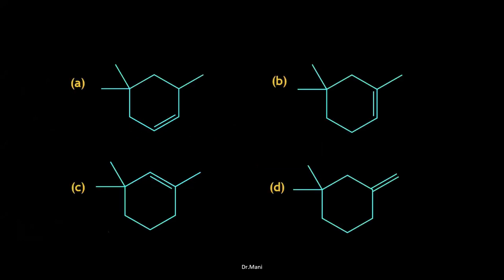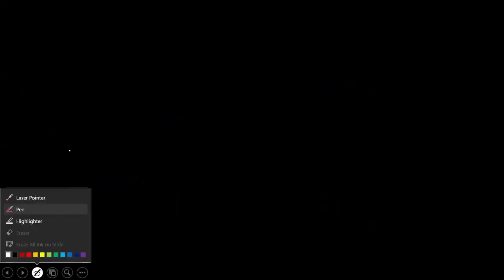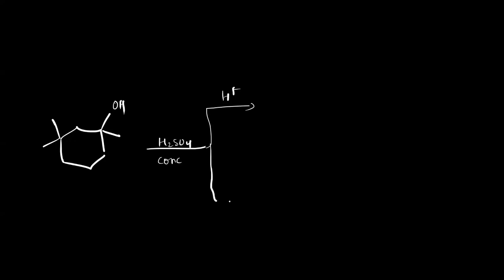So the compound is present like this. When I treat it with concentrated H2SO4, it can form isomers where the hydrogen can be added at different points.